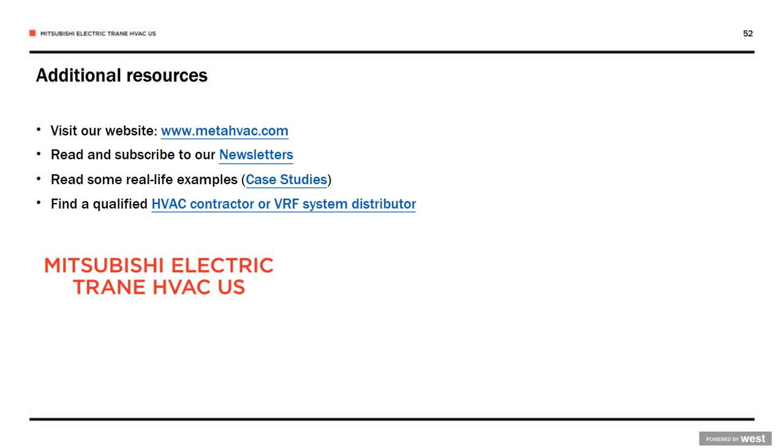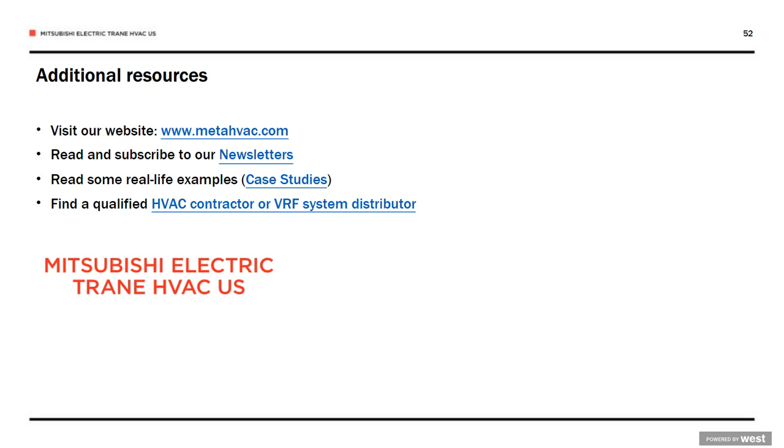Absolutely. Here in Chicago, what we often see is chilled water systems and boiler systems in office applications. We like to use the VRF systems where there are lots of little zones. That's where we really shine.